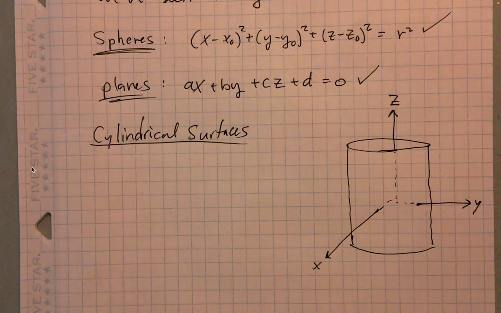For a cylindrical surface like this, the way to think about it is you can imagine a cylinder as being just a vertical line in space moving around a circle.